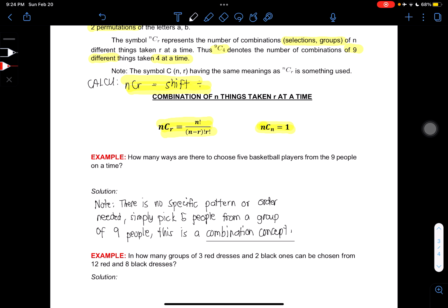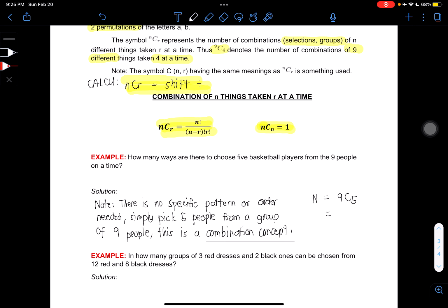So to solve for our n, we can use nCr since there are 9 people and we pick 5 basketball players. So therefore 9C5. On the calculator we can solve it using the shortcut.